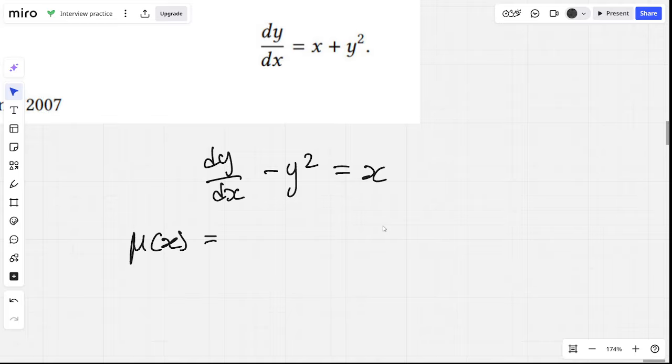I can guess a solution, I guess. Sketch the solution to dy/dx is equal to x plus y squared.